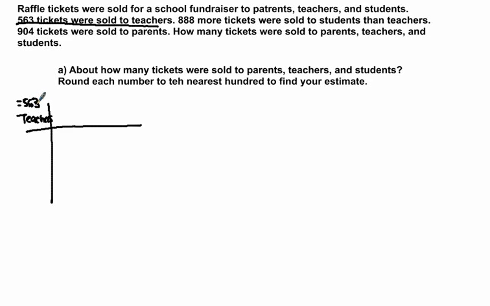I can also see 888 more tickets were sold to students. And I can represent that with a label by saying teachers plus 888. So the students are whatever the teacher sold plus 888 more. And then we have our parents.